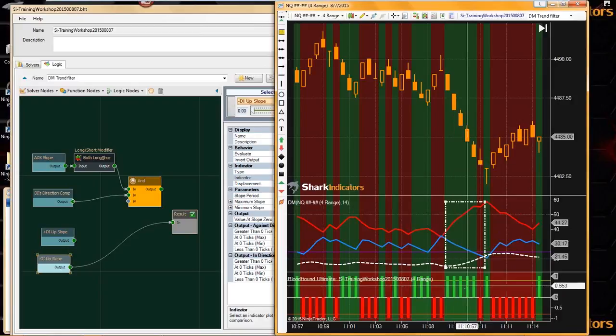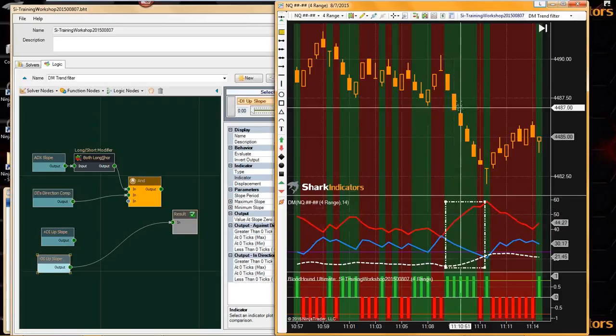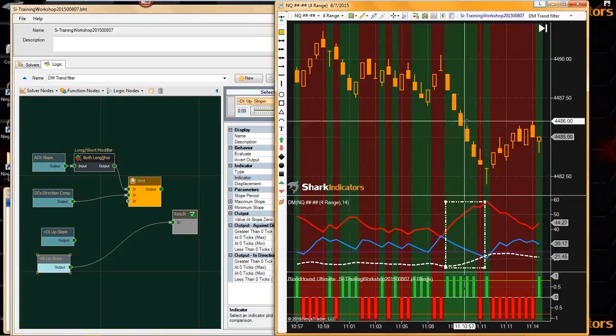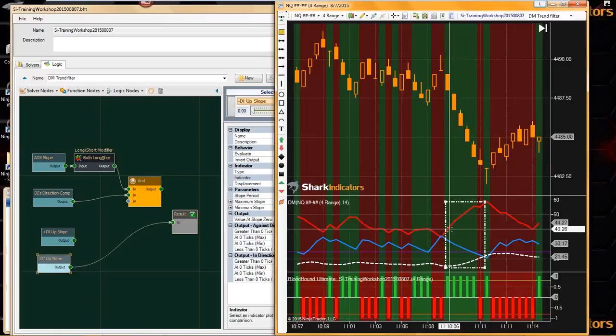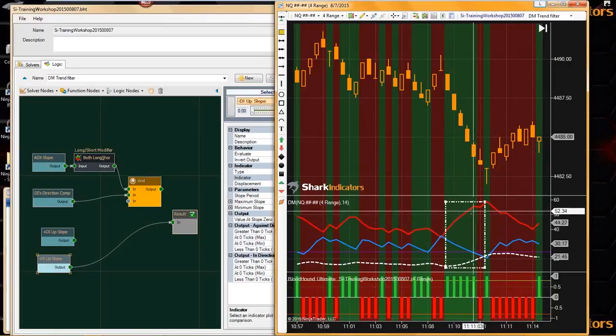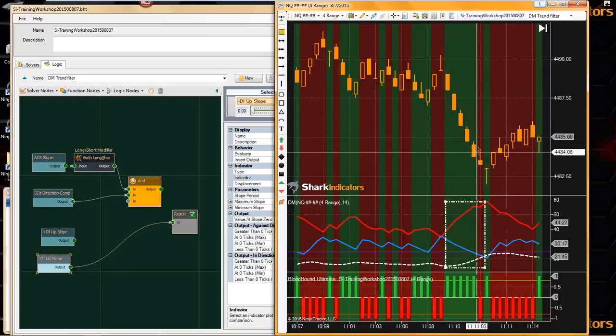So that's the opposite of the trend, right? So when the DI minus is sloping up, we're actually in a downtrend here, right? We can see a downtrend. So we need to reverse the solver's output. So we need a short output when the DI minus is sloping up to identify this downtrend.